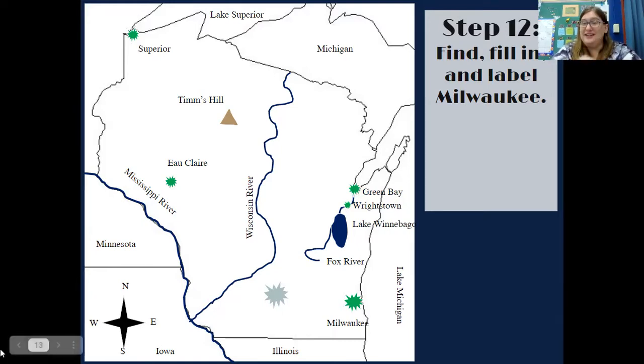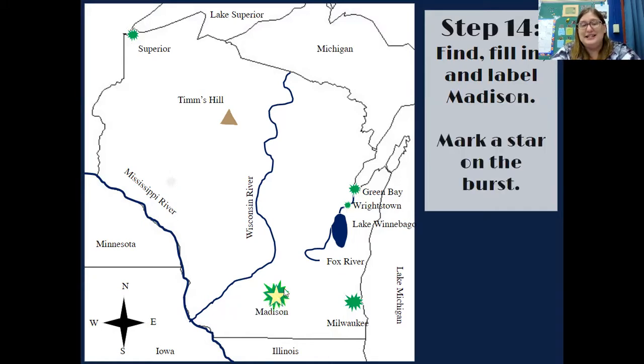And finally, we're going to label one more city, and you would think that I would have chosen that for the southern city, but I didn't, because it is the capital. You can go ahead and make it green with the big starburst. I made the starburst big just because it is the capital, but it is actually smaller than Milwaukee. Not a lot smaller, but definitely smaller than Milwaukee. It is the second largest city in Wisconsin. It is the capital of Wisconsin.